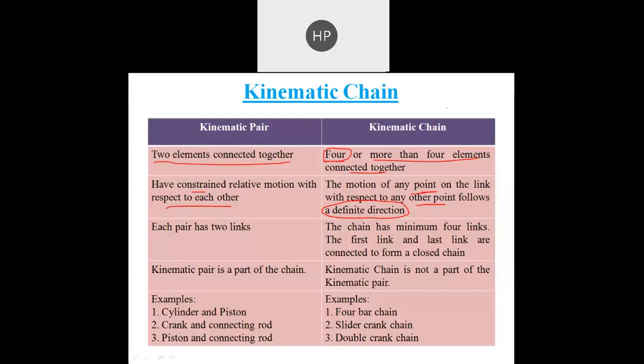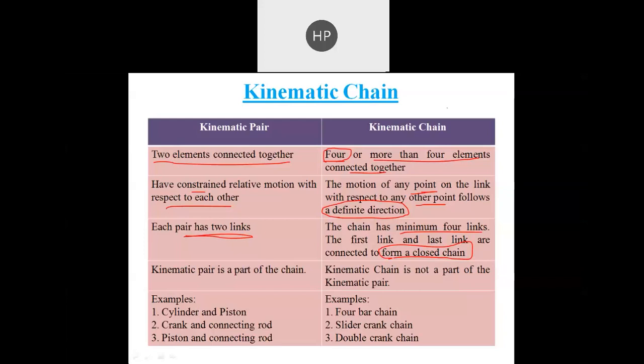Each pair has two links, while the chain has a minimum of 4 links, and the first and last links are connected to form a closed chain. Then it is considered as a kinematic chain. If it is open, then it is a different thing.